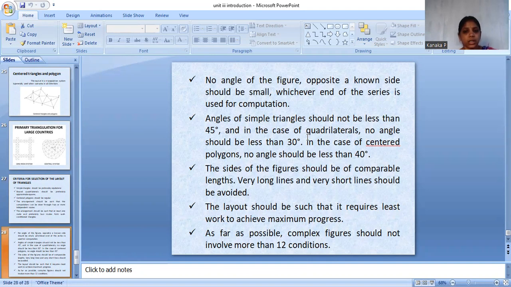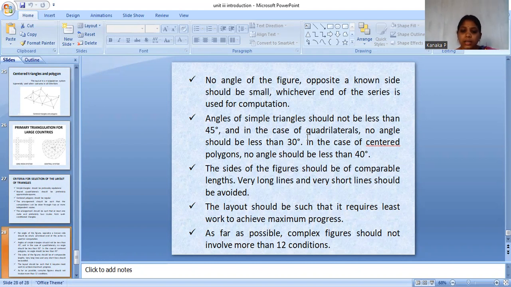Errors occur at all sites. The discrepancy between the observed and true value of any measured quantity is called an error in surveying. It is the result of mistakes, cumulative or systematic error, and compensating error.